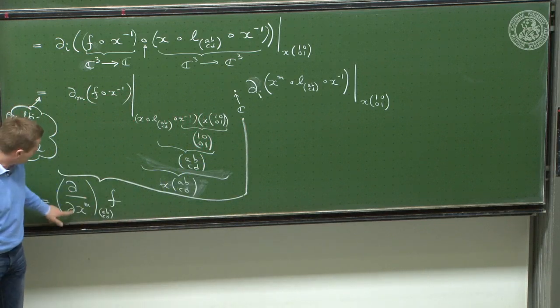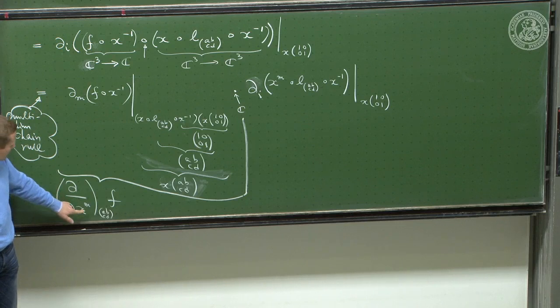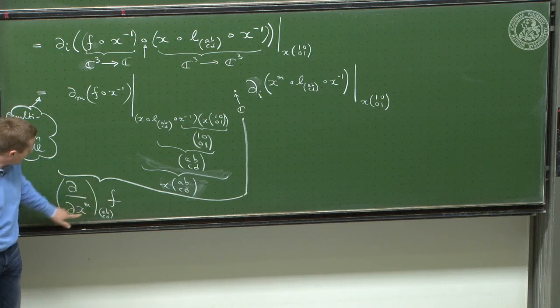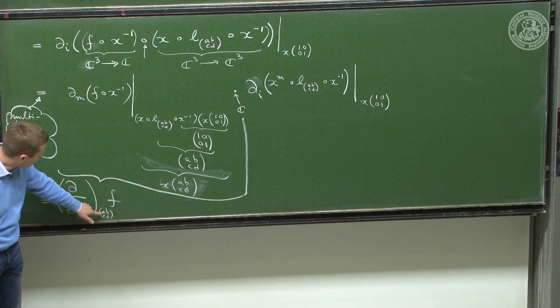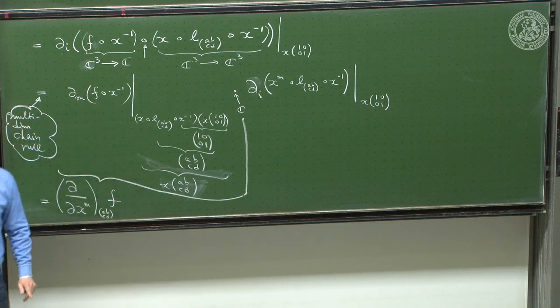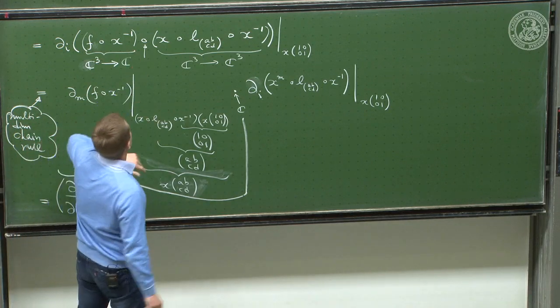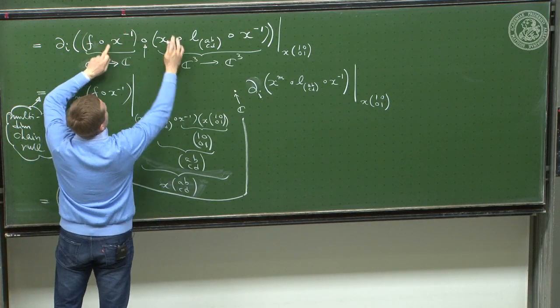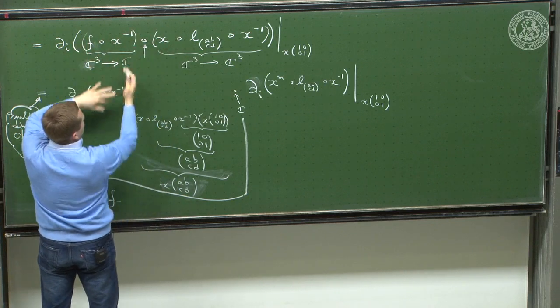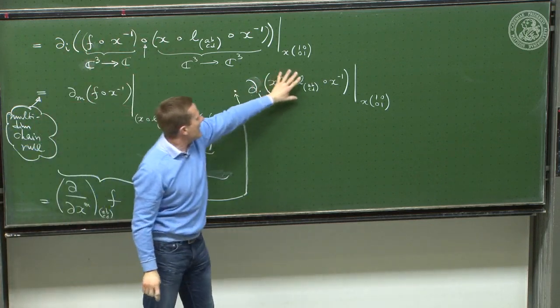Because if I present you with this, you say, that's the del m on f after x inverse at position x of a, b, c, d. Yeah, that's what's written here. Okay, so we go the step back here again, but you see it's not undoing this whole thing because I inserted this identity and I took this part and I separated this off, and here I end with this.